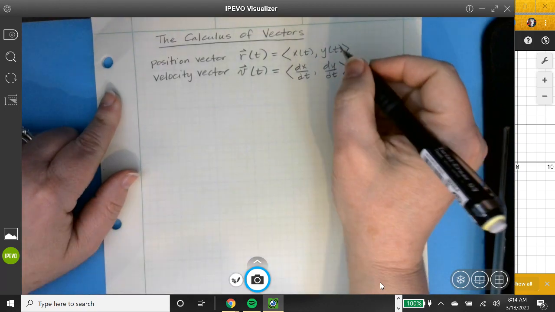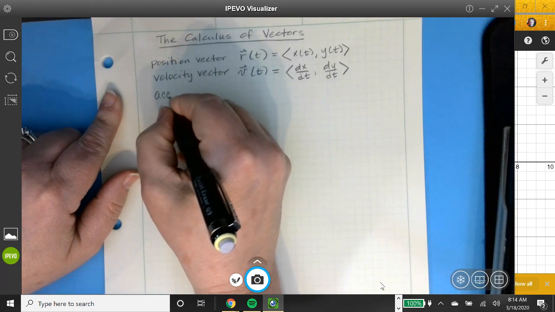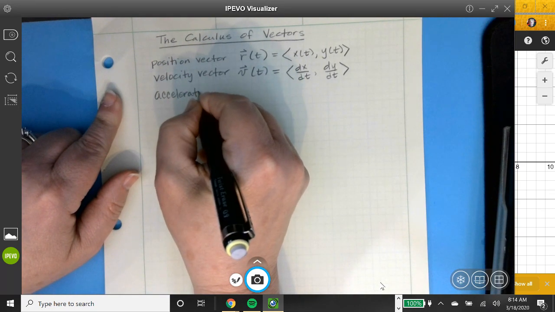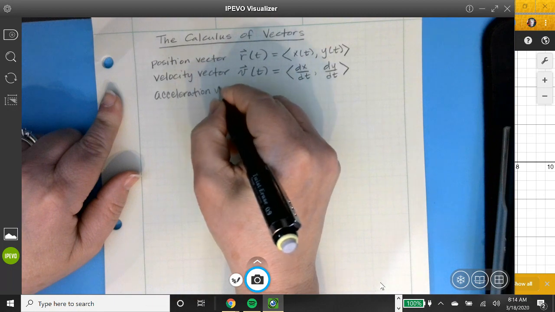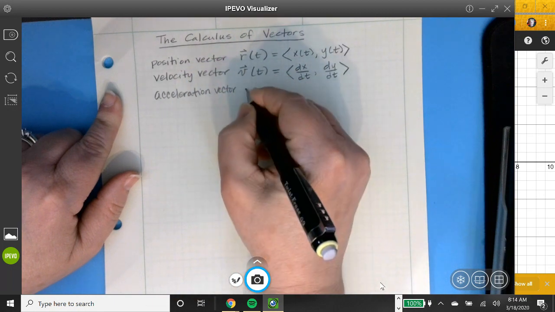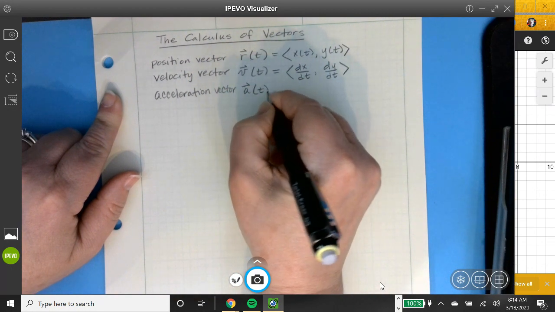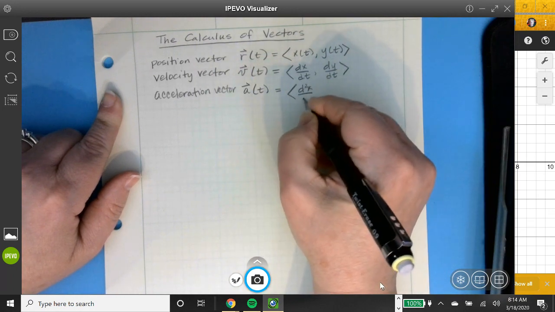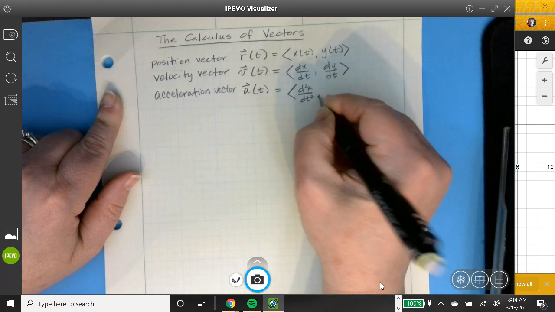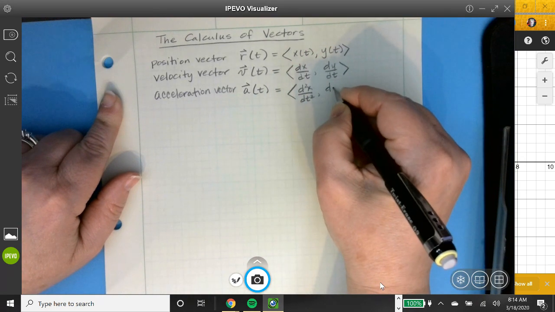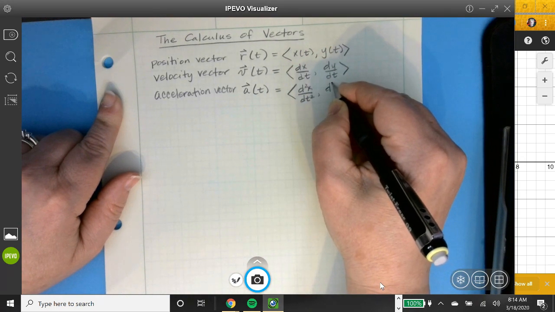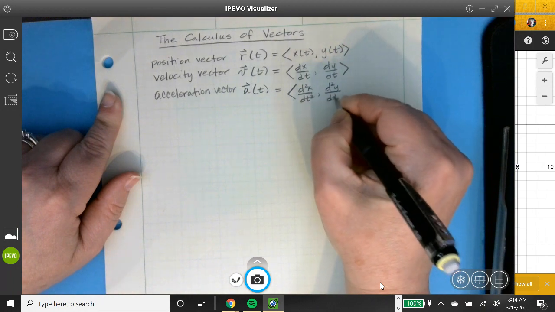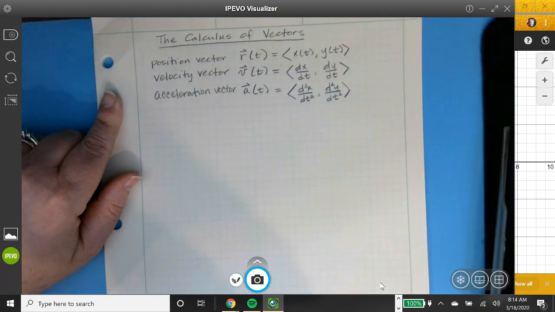And yes, we have an acceleration vector, which would be a, which, you guessed it, is going to be the second derivative of position, or the first derivative of the velocity. And you would write it like that.